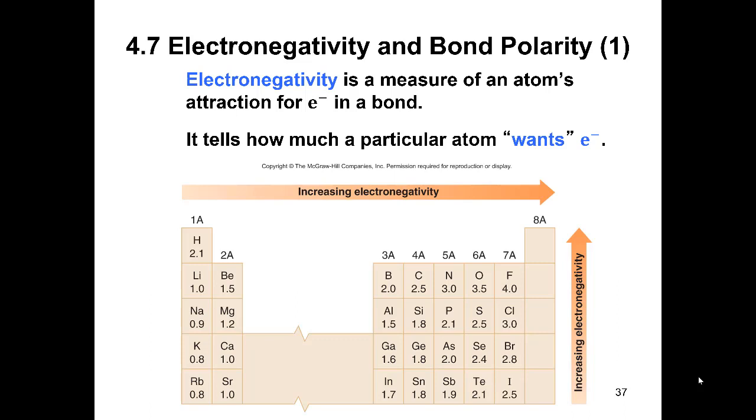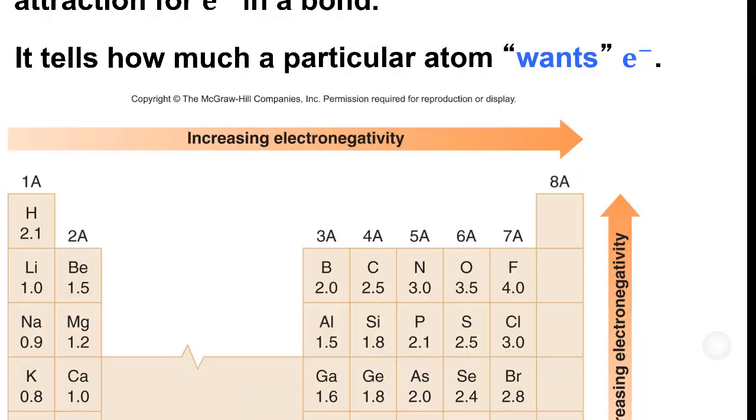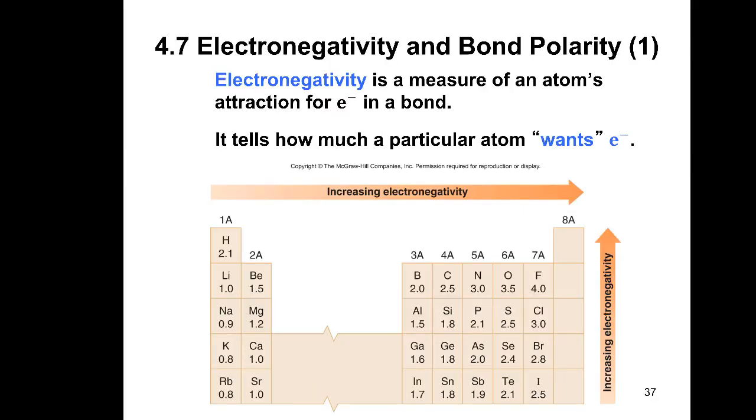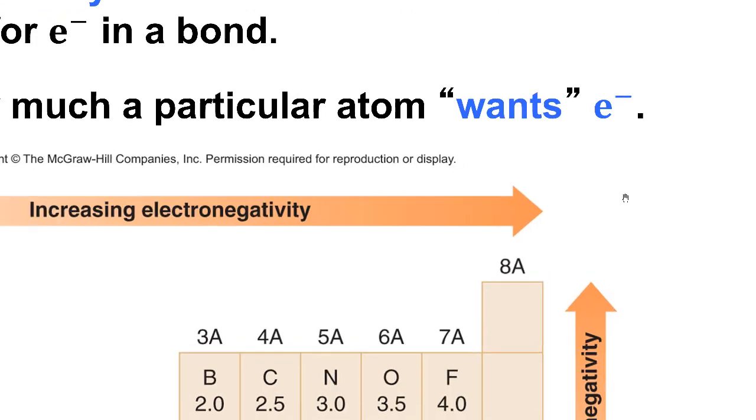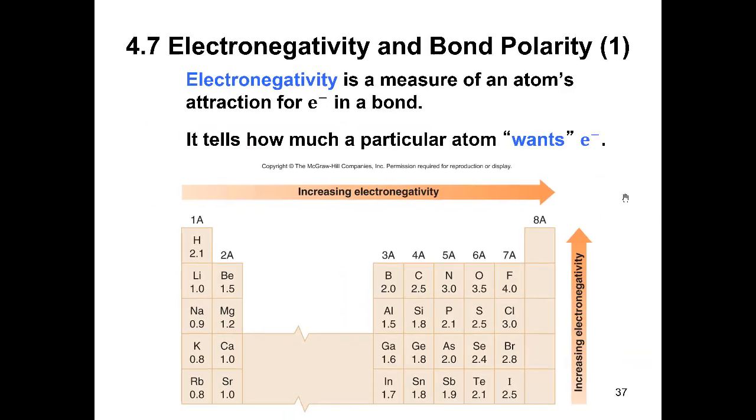And so the electronegativity is high and right, okay? So high and right. What that means is the farther right and high you go, the stronger the electronegativity.